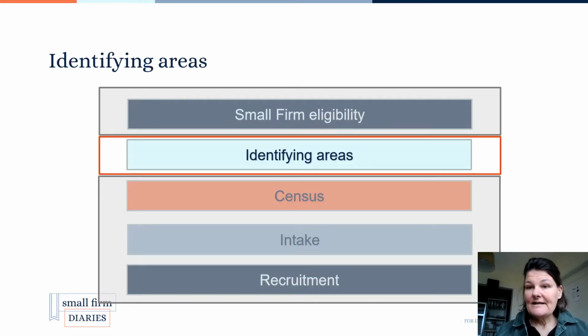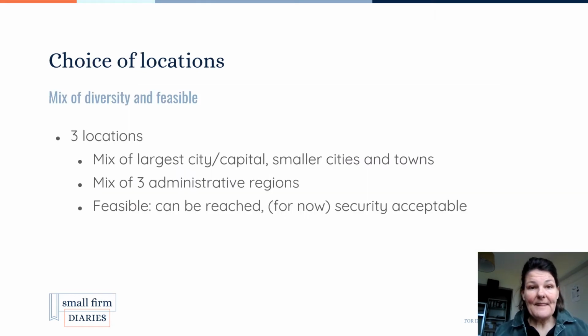The second stage of the sampling process is identifying areas. So we chose the locations. We had to choose 3 locations, and we wanted to get a good mix, including the largest city. The capital was obviously going to be included, and we wanted some smaller cities and towns.